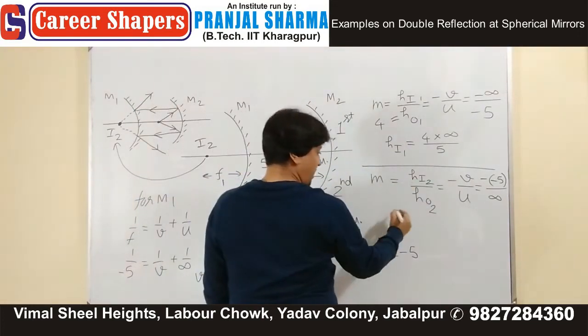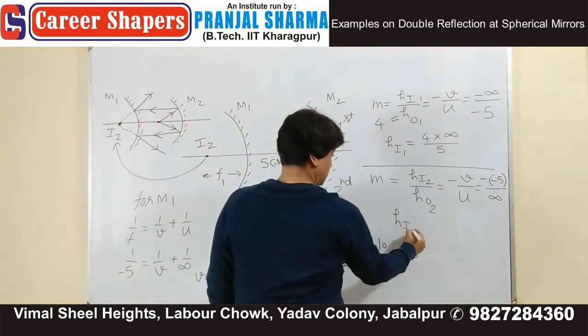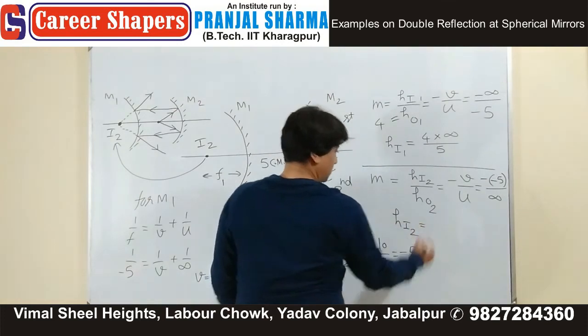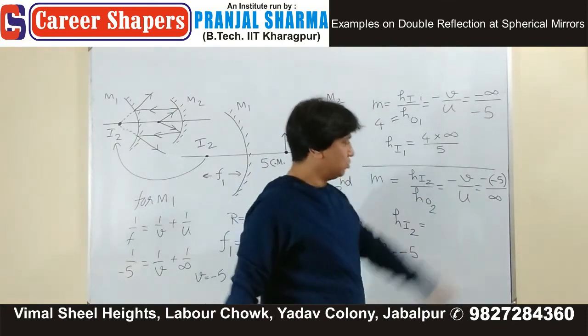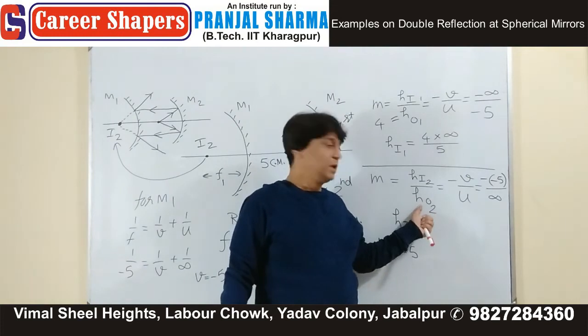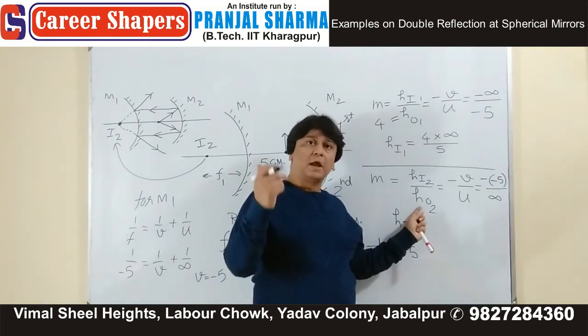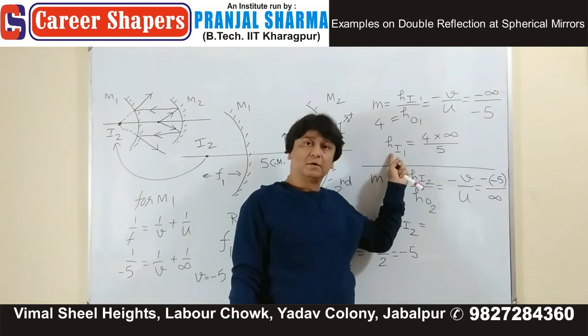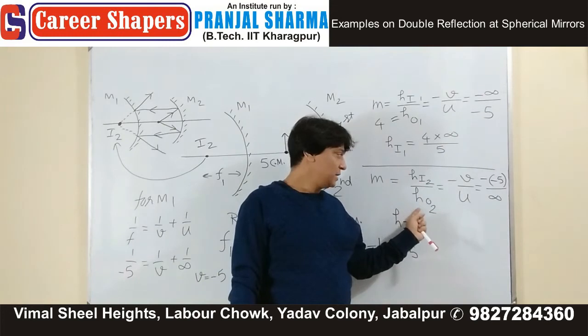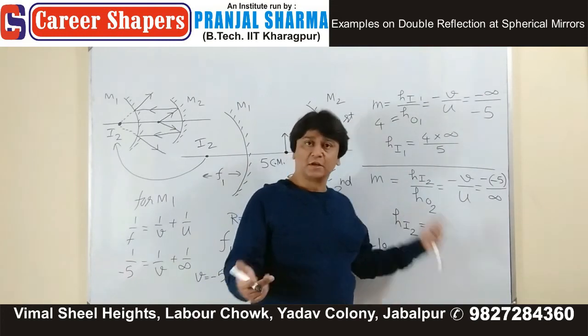We need Hi2 multiply Ho2. Now what is Ho2? Hi1 of the first case will be Ho2 for the second case.